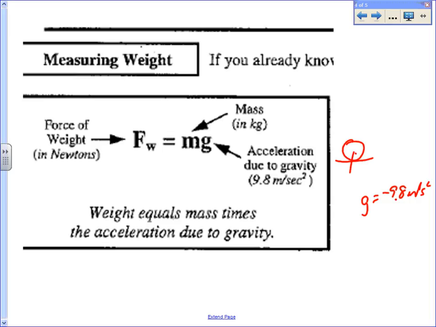Gravity pulling down is going to be equaled by a force that pushes up, equal to the force of gravity pulling it down. We call the push up weight, and the pull down the force of gravity. And we say the force of gravity and weight are equal to each other. So when we talk about the weight of the object, we use a positive 9.8. So let's look at the math.